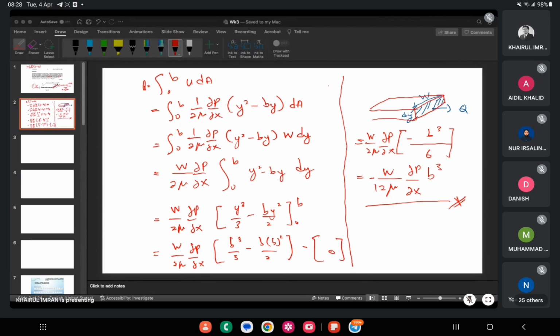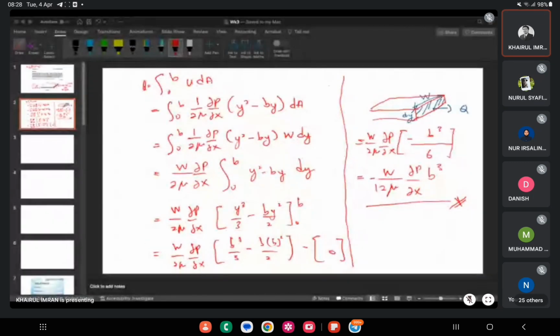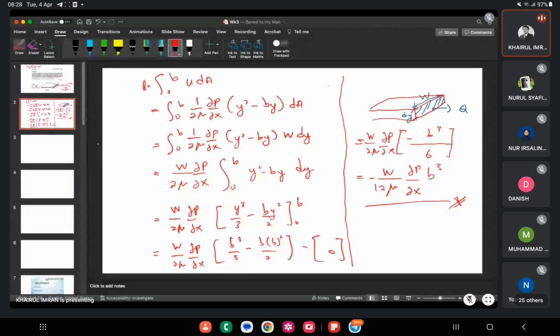Okay. Alright. Okay, so sekarang ni, we have not done yet actually. Okay, but in terms of expression tu, we have solved the expression. But basically what we have here is the del P over del X. Okay, del P over del X. So we're gonna solve this one. Why?